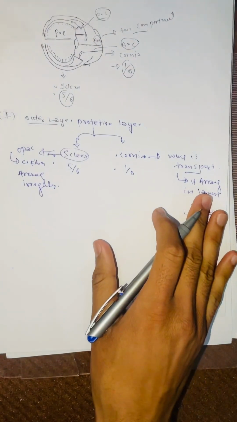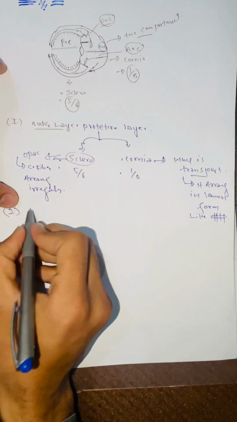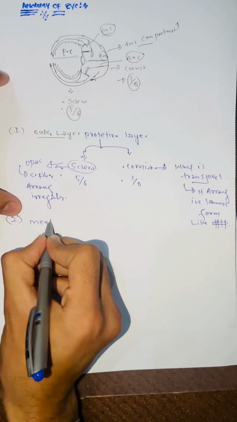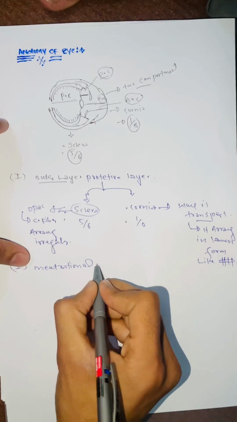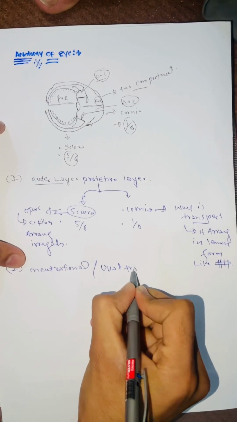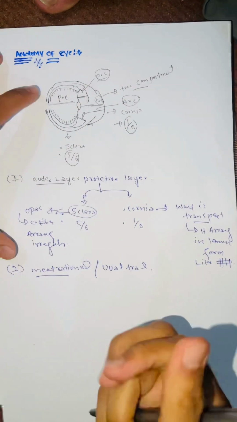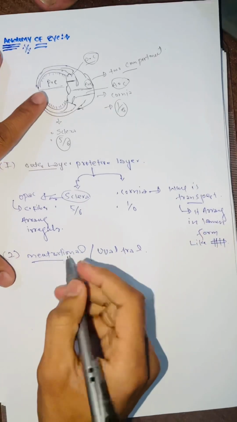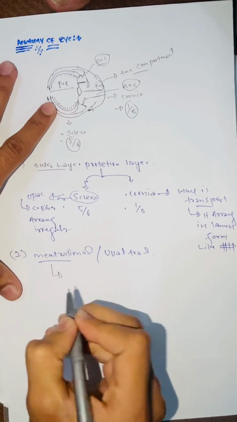Now we have to come to the internal layer, which is the nutritional layer, or uveal tract. Why do we call it nutritional? Because it is highly vascularized, and it gives nutrition to the internal retinal layer, which consists of further three parts.